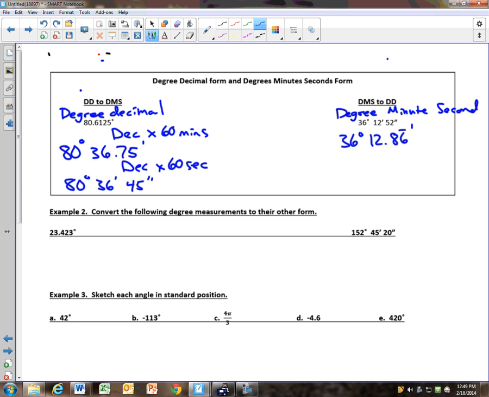Now we got to get rid of this 12.86. This is minutes. So we got rid of the seconds, we made it to minutes.